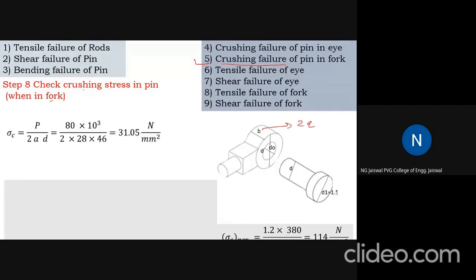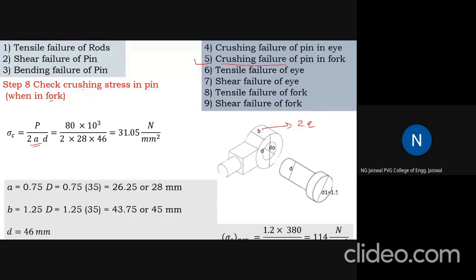And therefore, P upon BD becomes P upon 2AD. So again, A, B and D are known. We'll put the respective values here with the answer, and of course this is the induced compressive stress in the material. Which material?